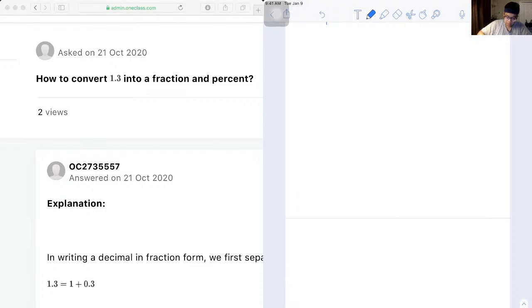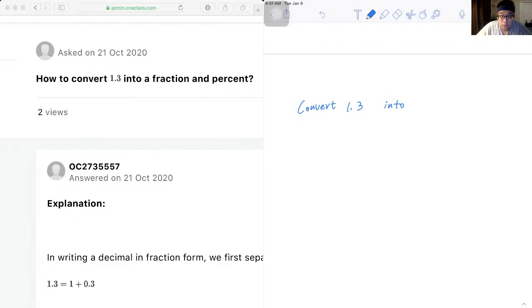So our next question is asking us to convert 1.3 into a fraction and a percent. Okay.